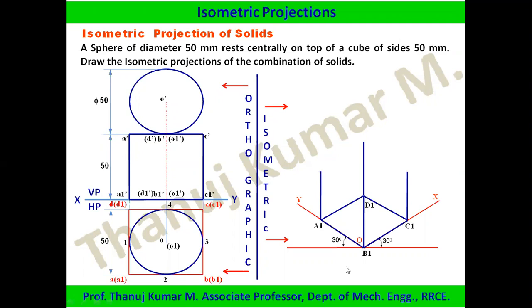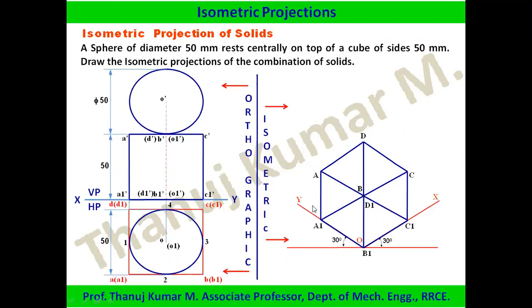After that, draw this top portion here also. This is how we draw it. So base A1, B1, C1, D1 will be exactly similar to A, B, C, D. That is how we draw the top face of the cube. After we've drawn this, what you have to do?